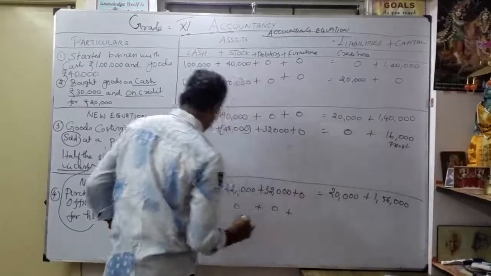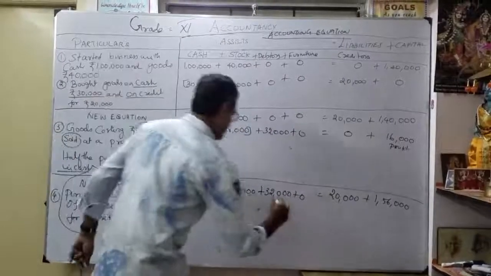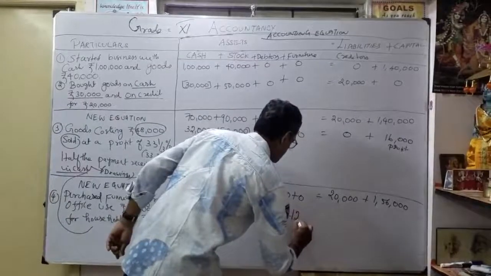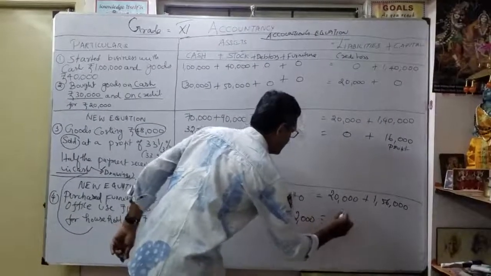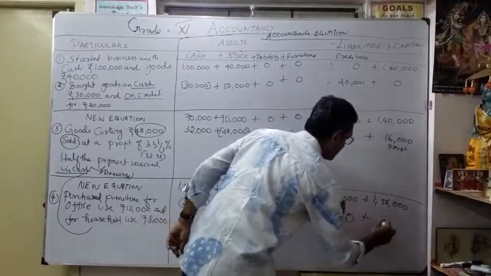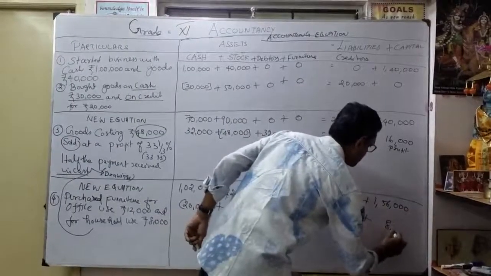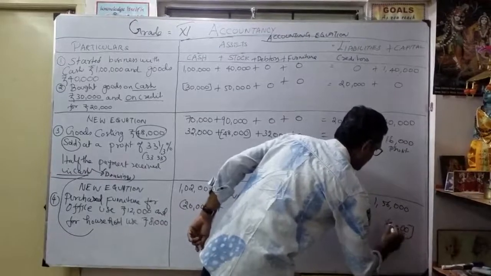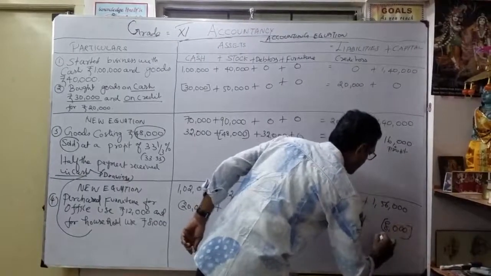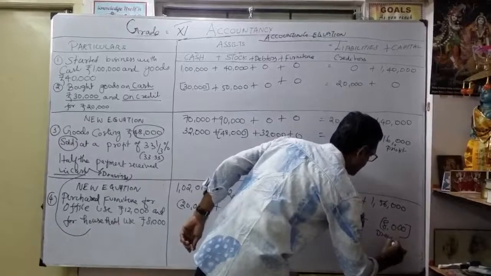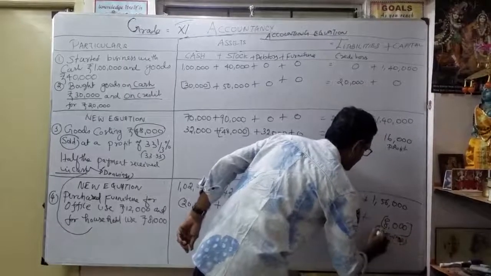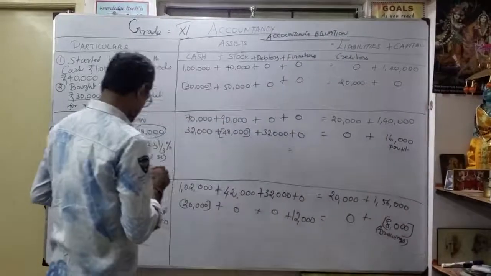Here I put how much? 12,000. You got furniture. But here how much? My capital, for personal use, this 8,000 I'm going to reduce. Put in the bracket. This is called what? Drawings. For understanding, I am highlighting. Okay? Drawings.